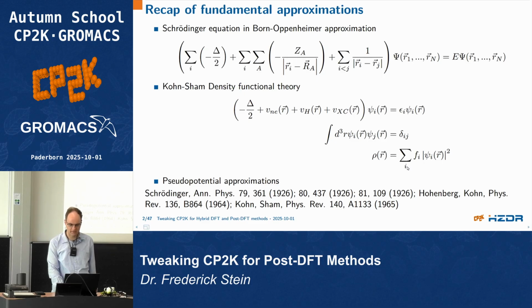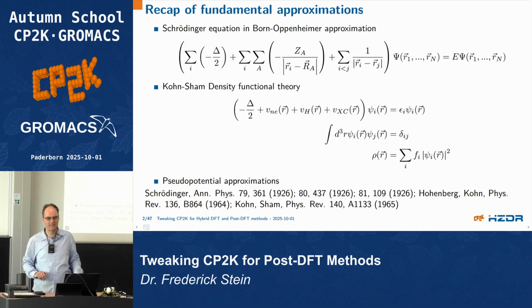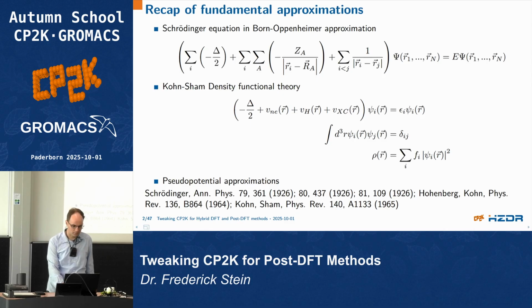As the density depends, of course, on the orbitals, this makes the whole thing a somewhat pseudo-eigenvalue equation, but for each SCF step it's usually treated in a linear fashion. These orbitals need to be orthonormal, of course, to ensure that the wave function or the density is still normalizable and has a defined number of electrons.